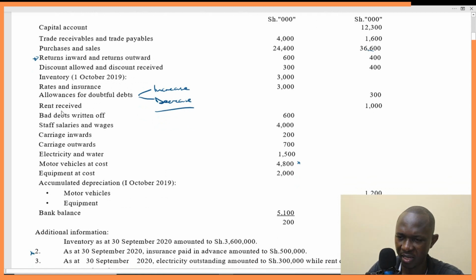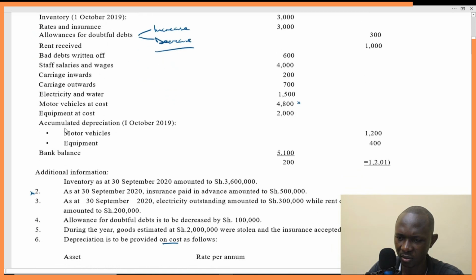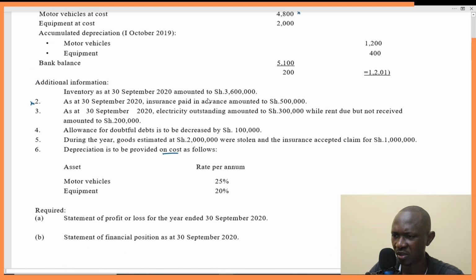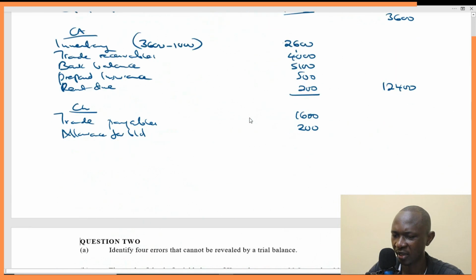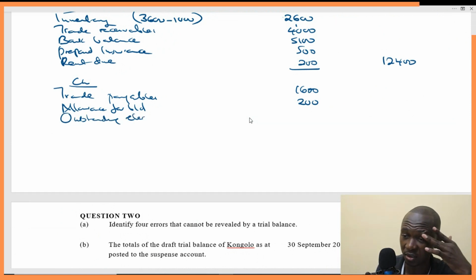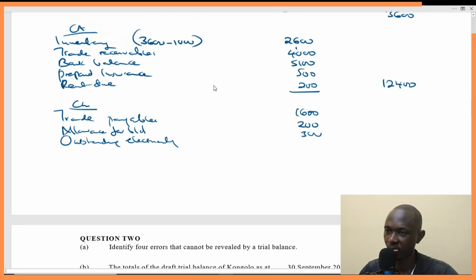Rent received, bad debts written off, staff salary, carriage invoice, so all this we go. Insurance paid in advance, that was an asset. Outstanding electricity 300 as a current liability. So outstanding electricity, how much? 300. Good, we are on the right track.